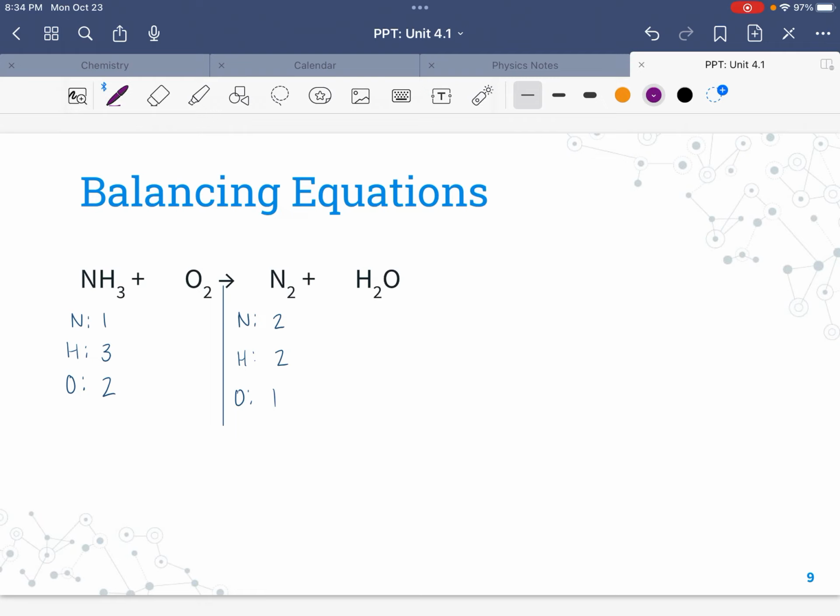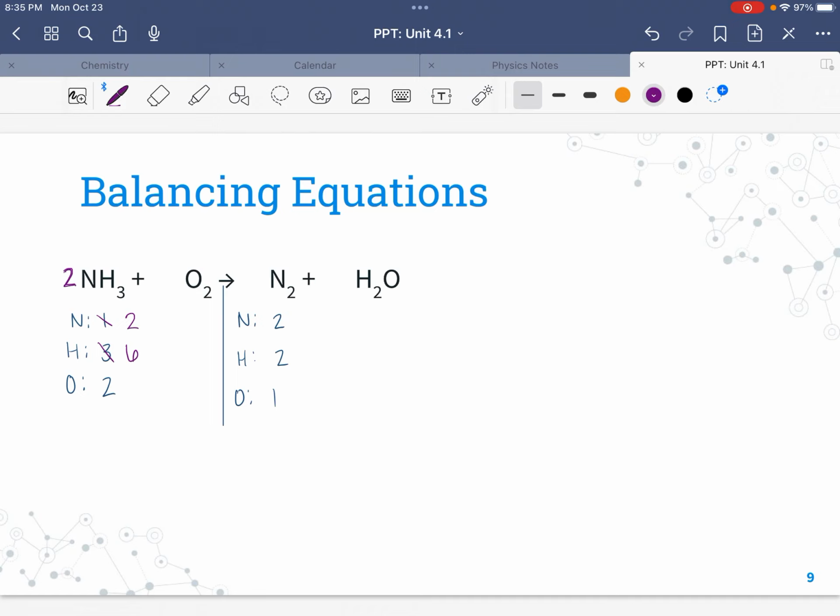Okay, so in order to get 2 nitrogens on my reactant side, I need a 2 out in front of my NH3. So that's going to change my nitrogen to 2. So now they match, but it also is going to change my hydrogen to 6. Okay, so now my nitrogens match on both sides, but my hydrogens do not. So let's go ahead and take care of that.